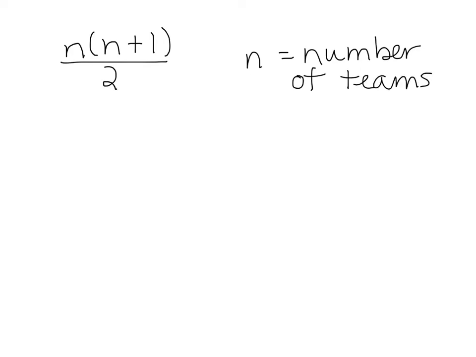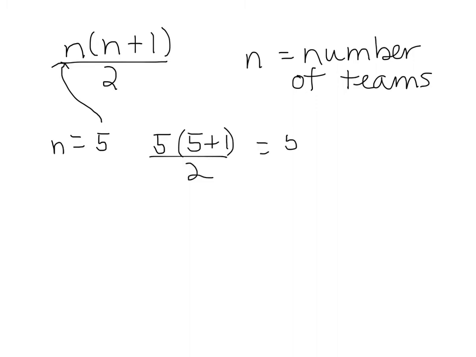So what is it when n equals 5, in other words, there are 5 teams? Well, I just do the same thing. I plug it into the formula. 5 times (5 plus 1) divided by 2 equals 5 times 6 divided by 2.